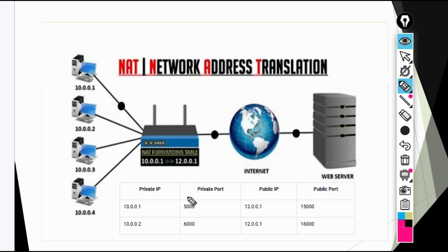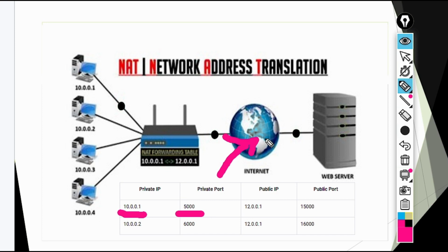In the NAT table, this private IP address and its private port are saved, and it converts this private IP and private port to a public IP and public port, 12.0.0.1 and 15000, and sends the request to the internet.